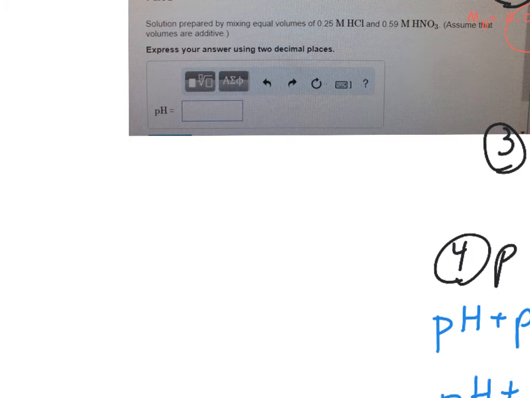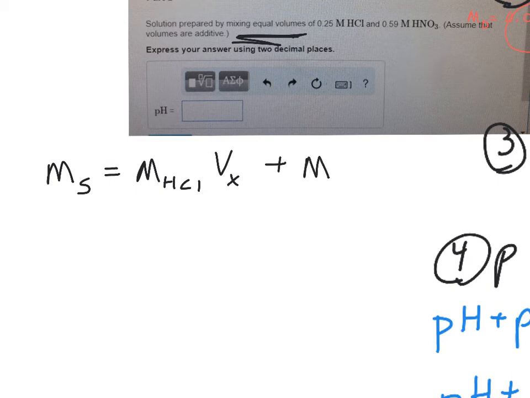We're told that we're mixing equal volumes, right? So let's just set up a little thing here. The molarity of the new solution is going to be equal to the molarity of HCl times volume X plus the molarity of nitric times the volume of X. Why?